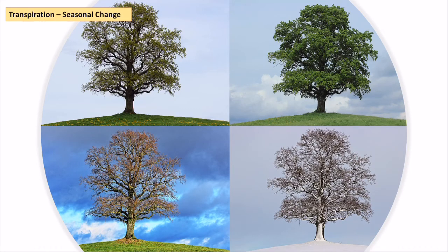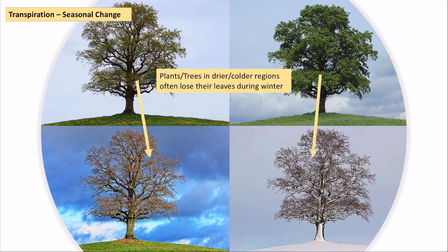Transpiration, again, is subject to seasonal change. You can see the differences in these pictures here. The trees at the top have got lots of leaves and they have lost their leaves in the winter. We often see that in the UK, because we have a drier, colder climate here in the winter. So plants get rid of their leaves, and these are called deciduous trees.